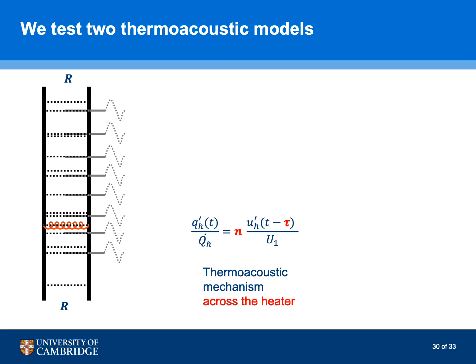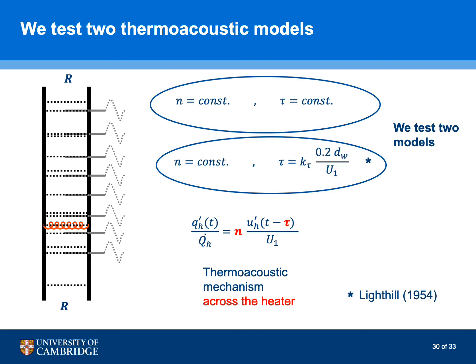We test 2 similar thermoacoustic models where the normalized heat release rate fluctuations are assumed to be proportional through a coefficient n to the normalized acoustic velocity fluctuations and time delayed with respect to them by a quantity tau. The first model we test assumes that these 2 parameters are constant, whereas the second one assumes that tau is inversely proportional to the inlet flow speed.